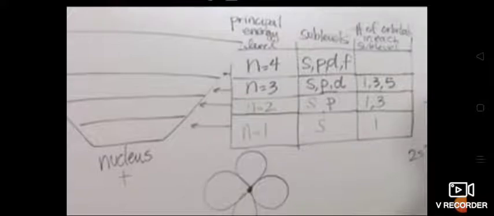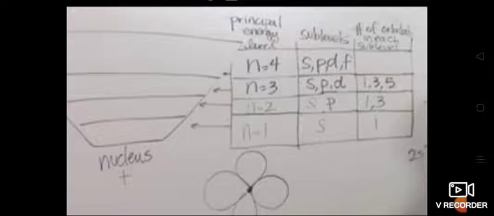Whichever shell is nearest to the nucleus has the lower energy level. So if n is 1, it is nearest to the nucleus, n is 2 it is farther away, 3 farther, 4 farther from that. So n equal to 1 means it has the S sublevel. Sublevel is l. How many orbitals? 1 orbital.